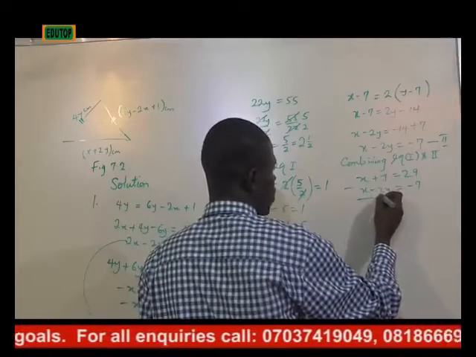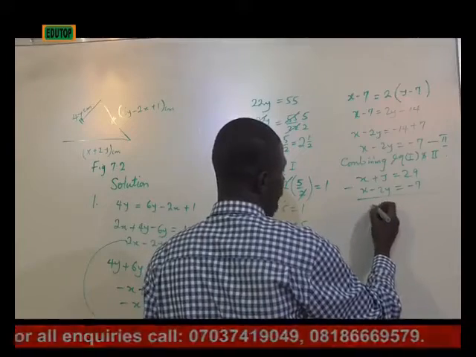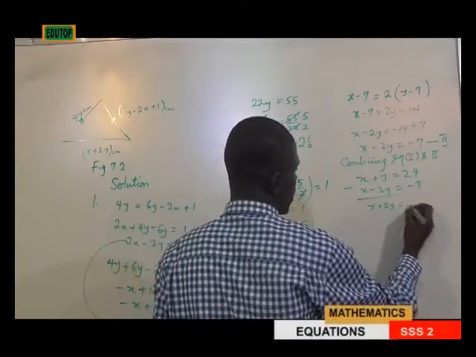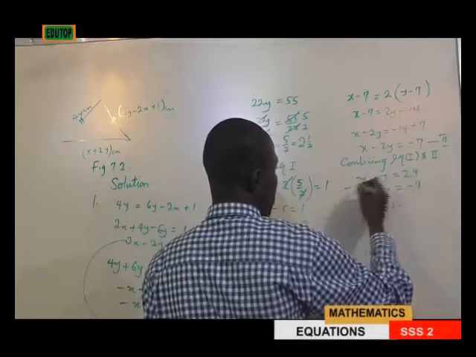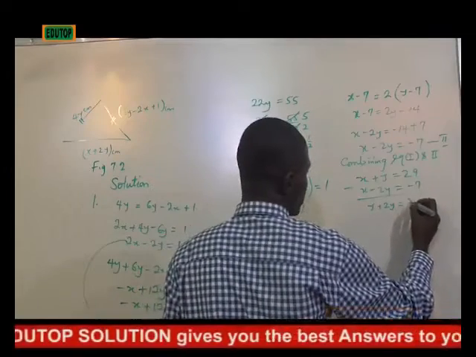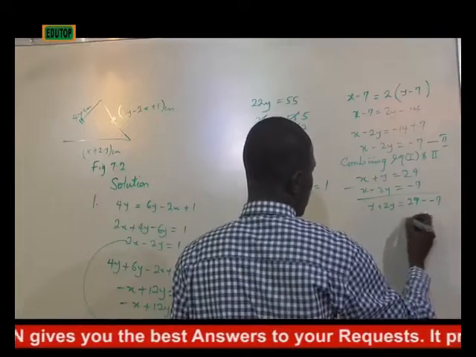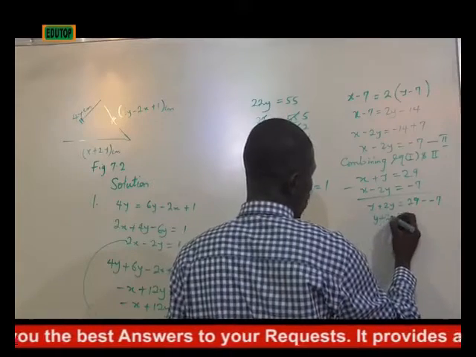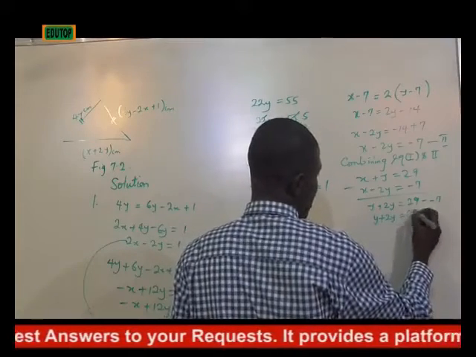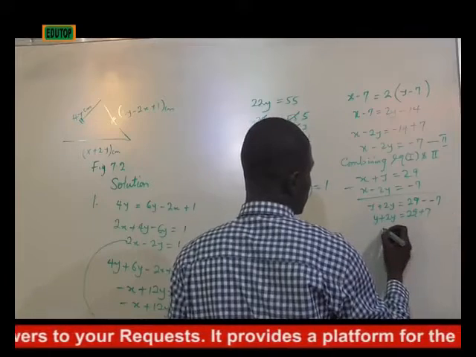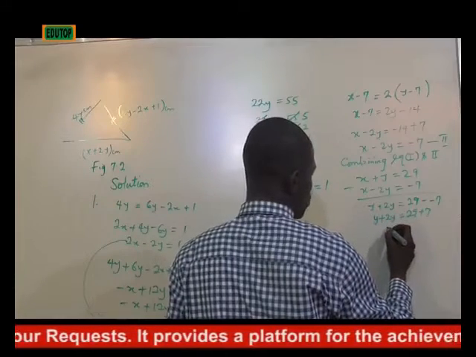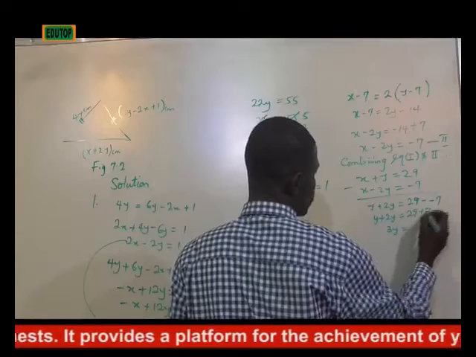Y minus minus 2Y becomes Y plus 2Y. Then 29 minus minus 7 becomes 29 plus 7. So Y plus 2Y equals 29 plus 7, and that means Y plus 2Y is 3Y.